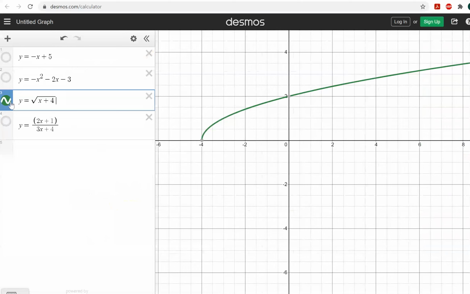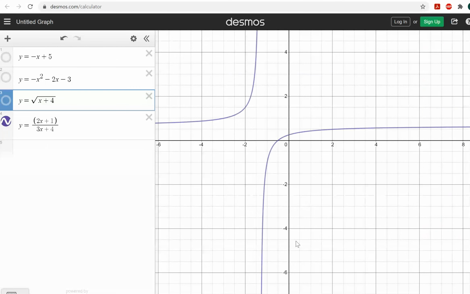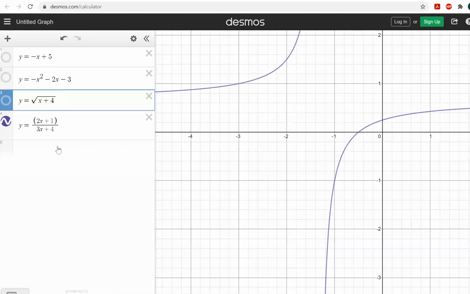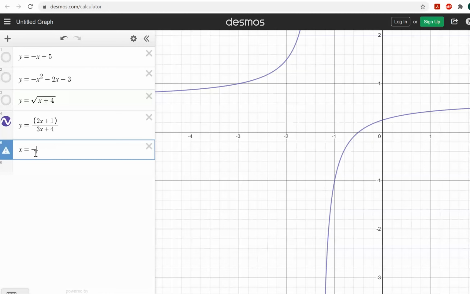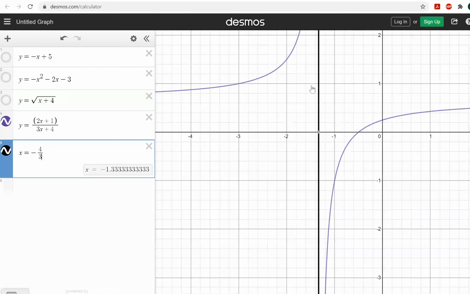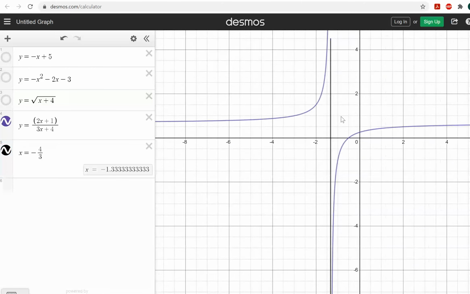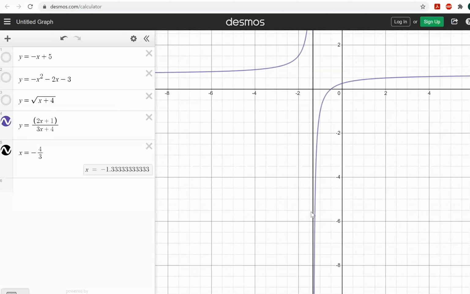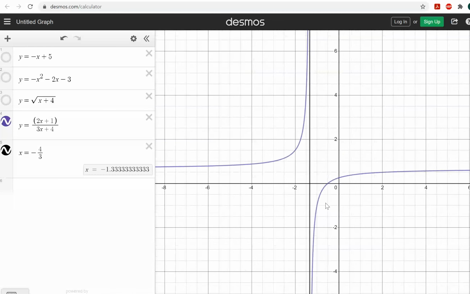So if we take a look at the graph for that, we can see my function is defined everywhere except, it's kind of hard to see here, in fact, I could create the line x equals -4/3. There we go. There's a nice visual for our vertical asymptote that our graph will get so close to, but not equal. So with that, we can see our function's defined absolutely everywhere except for that one spot.